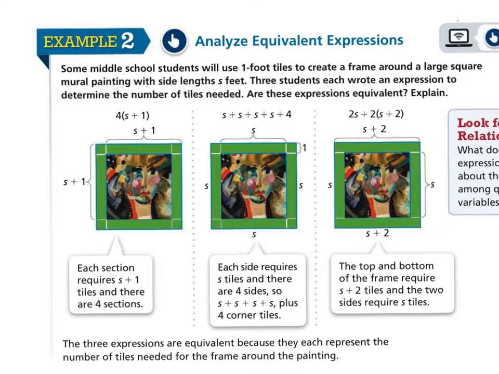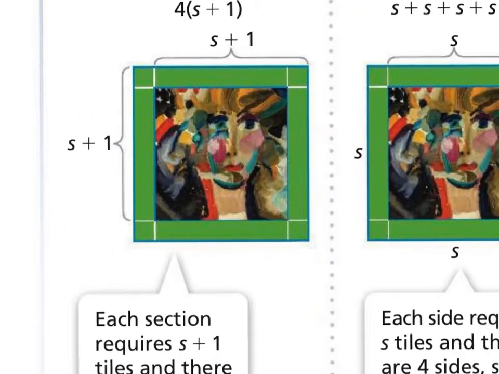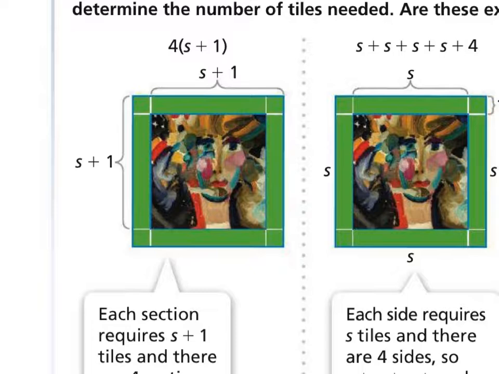Okay, so the first one said, if S is like our rectangle part there, we've got S plus 1 across the top here, S plus 1. Over here we've got another S plus 1.